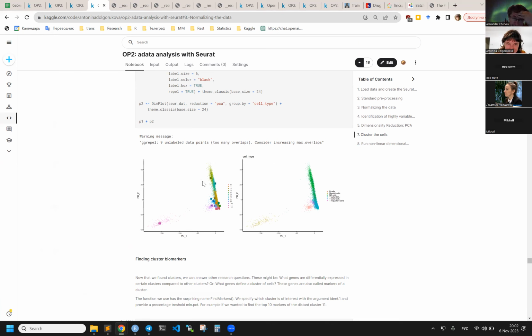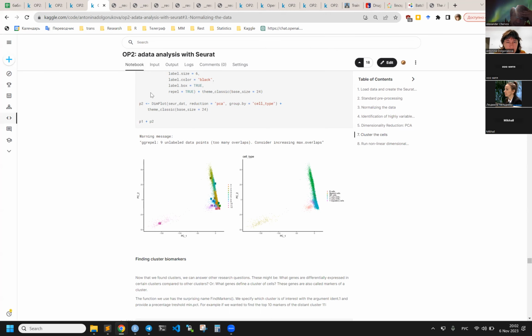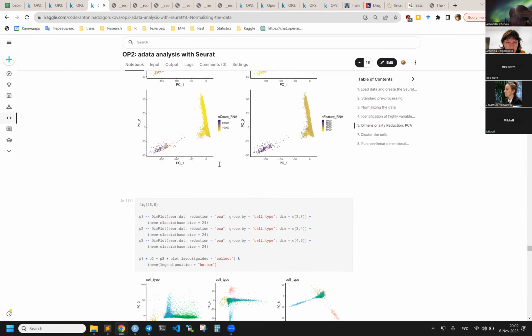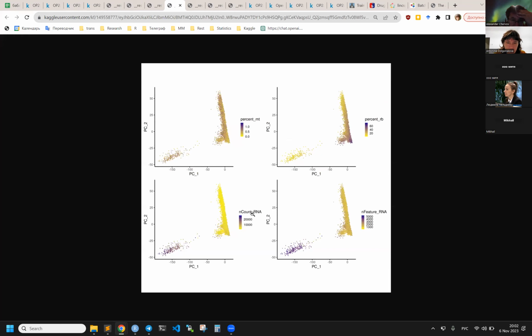But drugs we also don't see. And we see this elongation along practically PC2. Can we interpret it as something? Typically these things are interpreted as a number of counts. So we can, for example, color this picture by N genes or N counts. Number of counts is highest here in our myeloid cells.